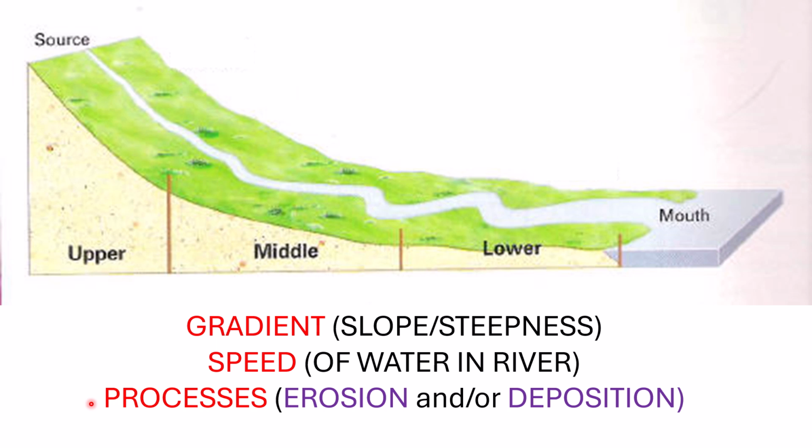It is vitally important to remember that these three, gradient, speed, and the resultant processes, cannot be separated from each other, as the gradient determines the speed of the water, and the speed of the water determines the process that occurs in either the upper, the middle, or the lower course of the river.